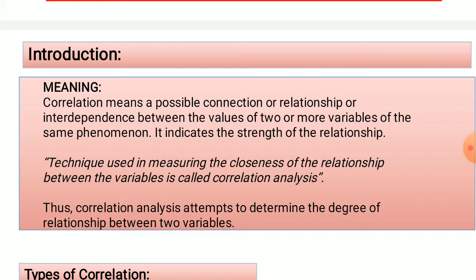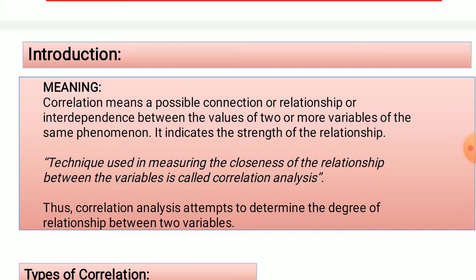For instance, height and weight are correlated because both will be increasing or decreasing. So it is a statistical technique used in statistics to measure the closeness of the relationship between the variables.